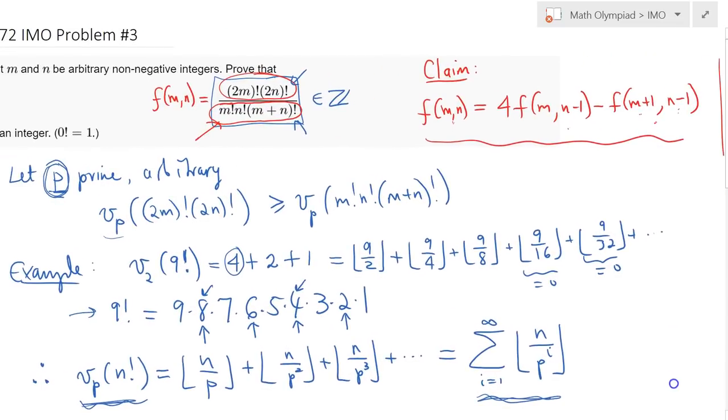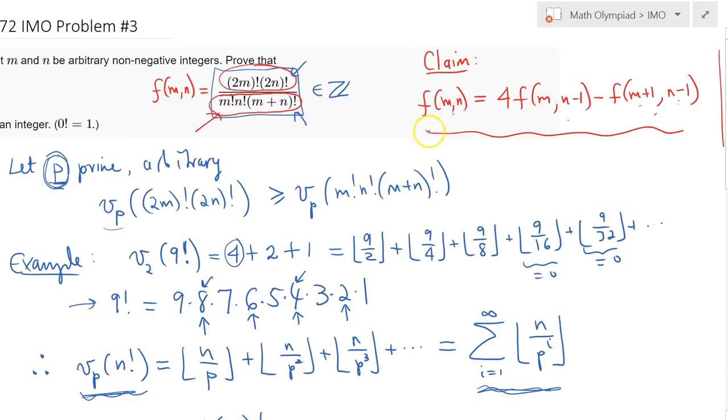But what is the benefit of this claim? Well, if this claim is true, I think I can do an inductive step to do this. So all I will need is, using this recursion, let's see if it works for n equal to 0. So for n equal to 0, f of m, 0 is just equal to, well, you just plug it in, right?